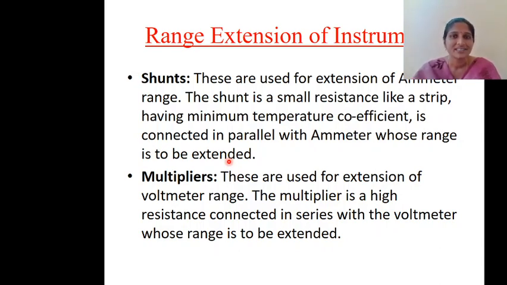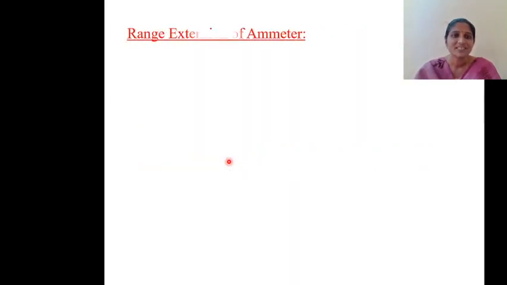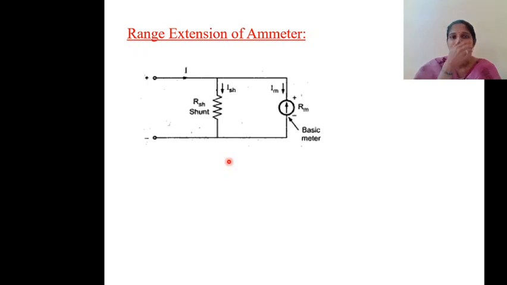So we can see the circuit diagram for the shunt. What is a shunt? A shunt is a resistance which is used to extend the range of an ammeter. Now you can observe this is the circuit diagram of the shunt, range extension of an ammeter. Here this is the basic ammeter.